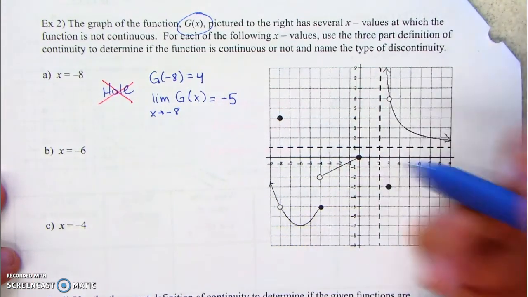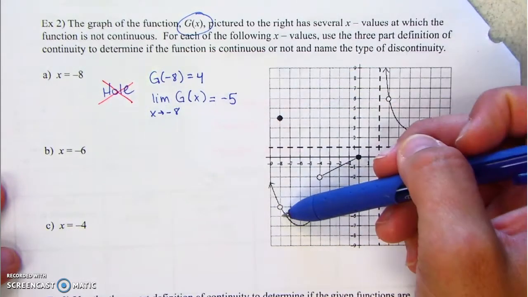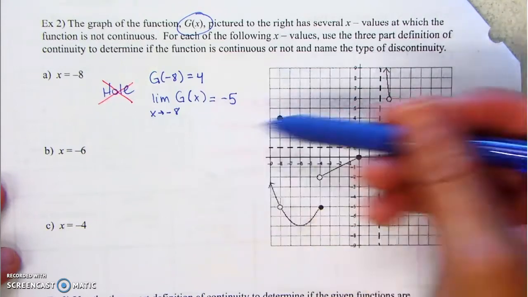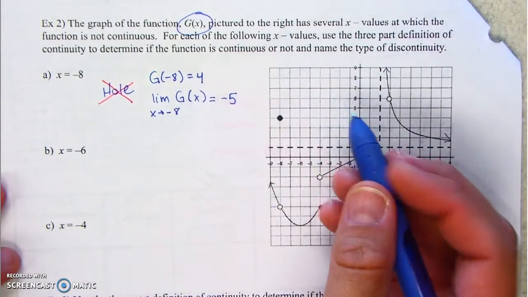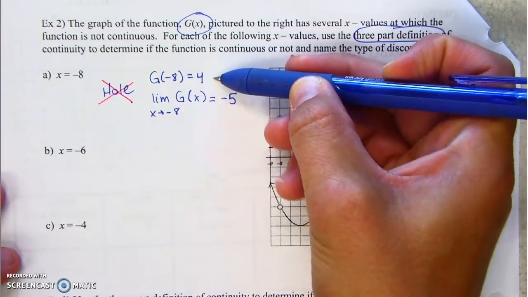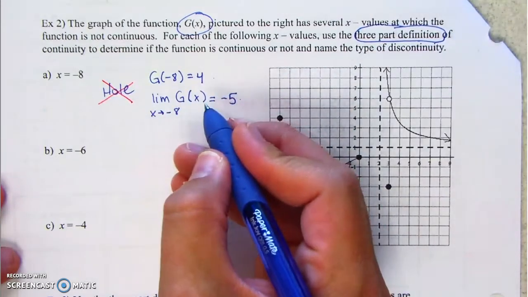Okay, the point exists and the limit exists, but why is it discontinuous? Does the point equal the limit? Does the point fill the hole? No. So we have to use this three-part definition. So we did the first part, we did the second part, but it's the third reason, okay?